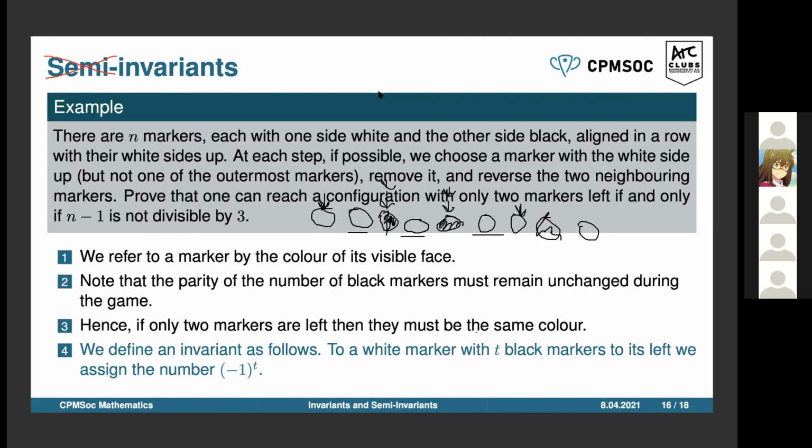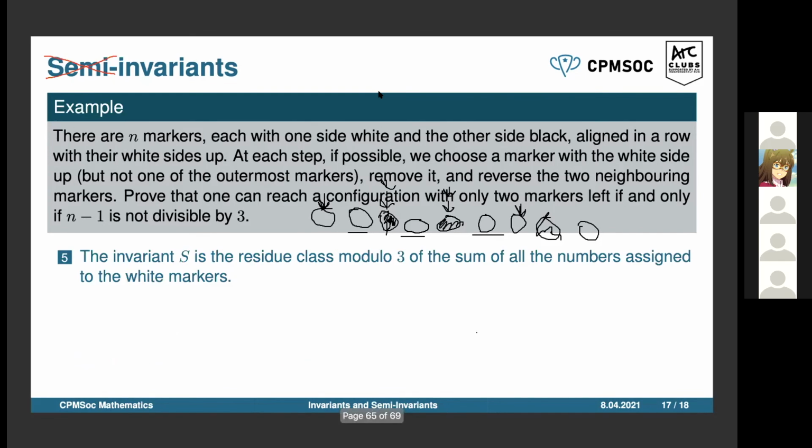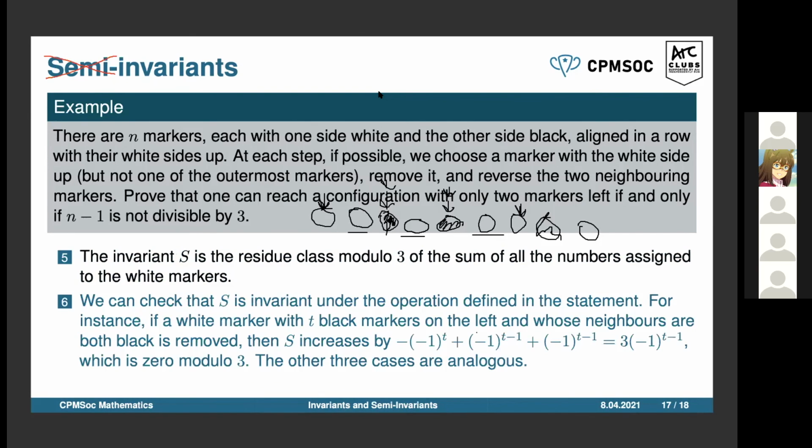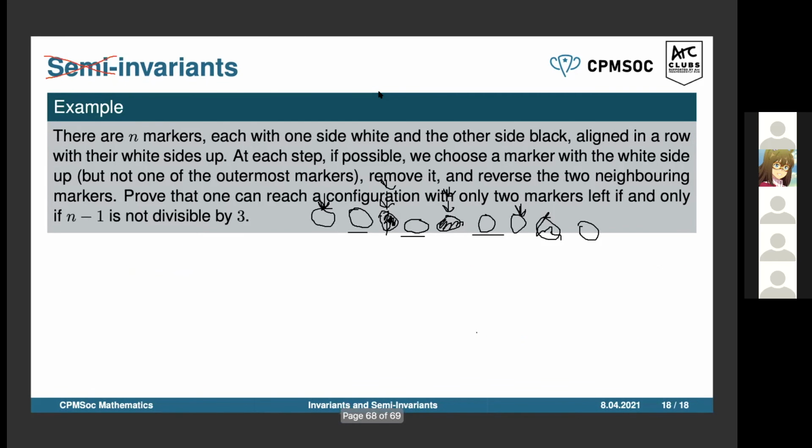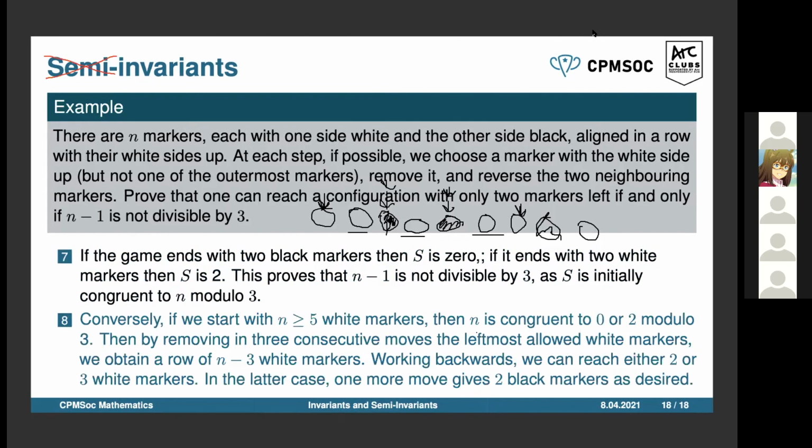We score it either -1 or 1, depending on whether the number of black markers to the left is even or odd. And then we just sum over all the white markers to get S. Cool. Does that answer your question?